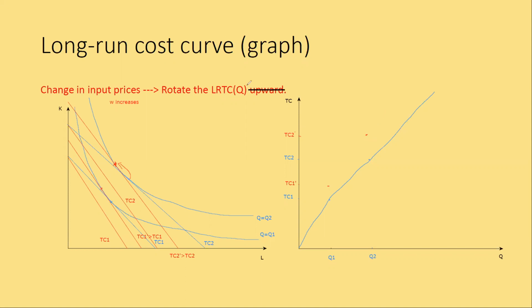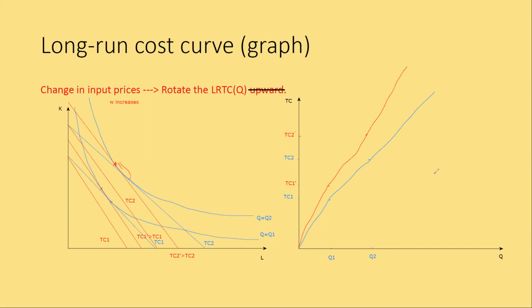Well, to derive or to draw the new long run total cost curve when the price changes, we are still going to connect all of those points. And if we do that, we will realize that the new total cost curve may look something like this.